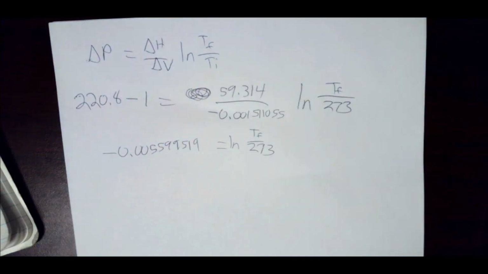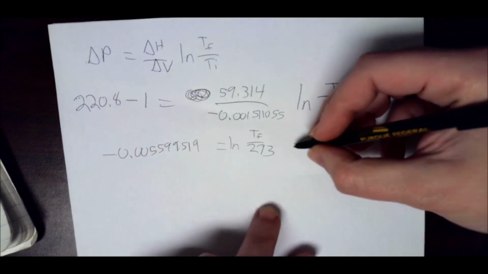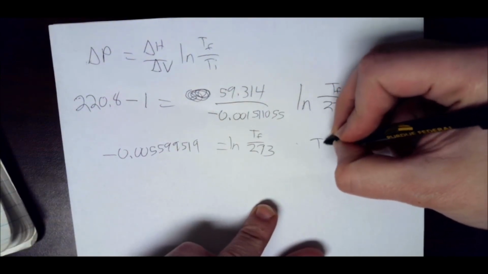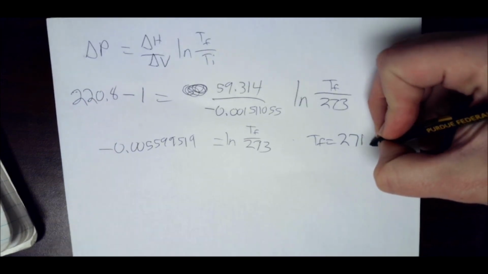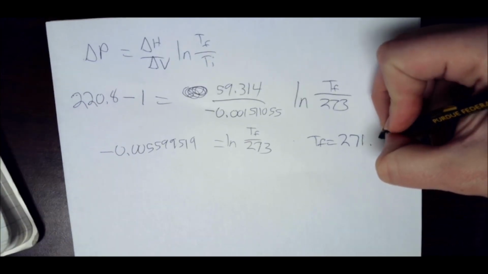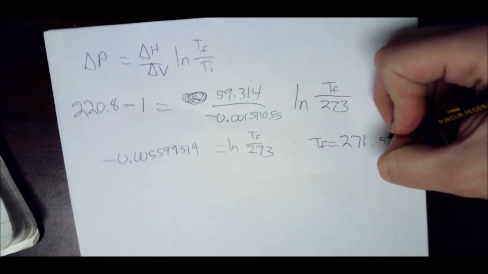Inversing that log, and then multiplying by 273, our new melting point Tf is now 271.47.